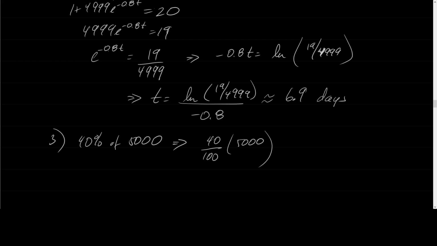Now I can say this 100 cancels out 100 of those, and 4 times 5 is 20, and then we have 2 zeros to worry about, so 2,000. So 40% of 5,000 is 2,000.